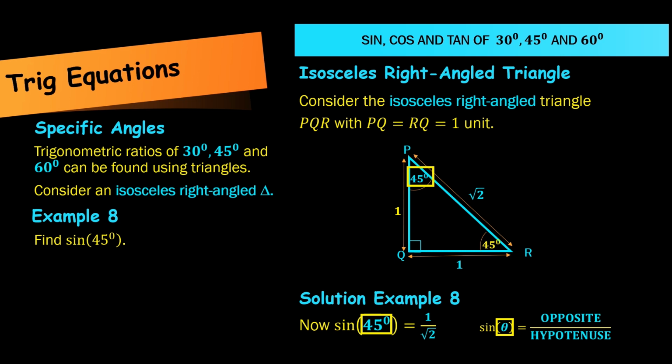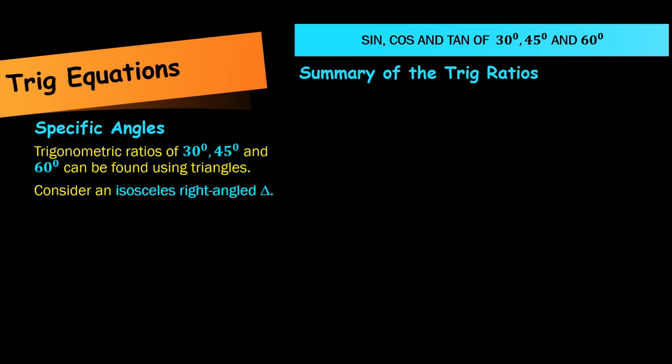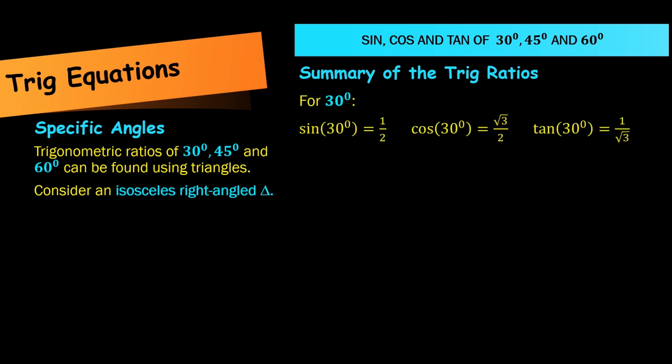The side opposite is equal to 1. And the hypotenuse has length root 2. And therefore sine 45 degrees equals 1 over root 2. So here's a summary of the trig ratios for 30 degrees, for 60 degrees, and for 45 degrees.